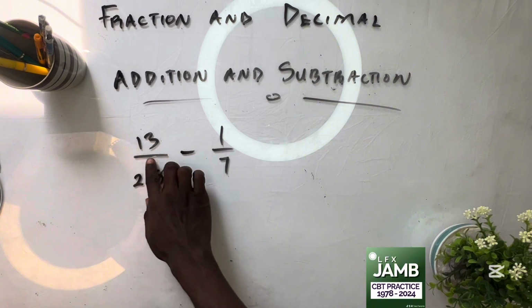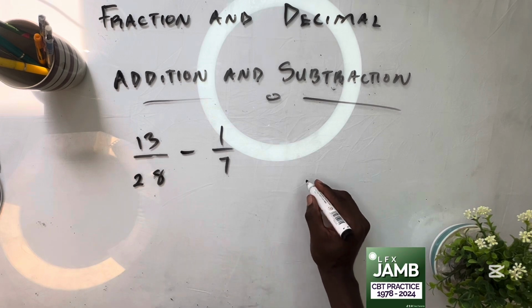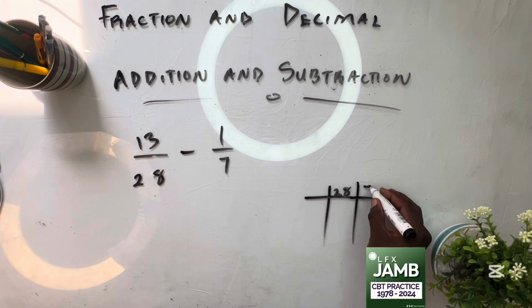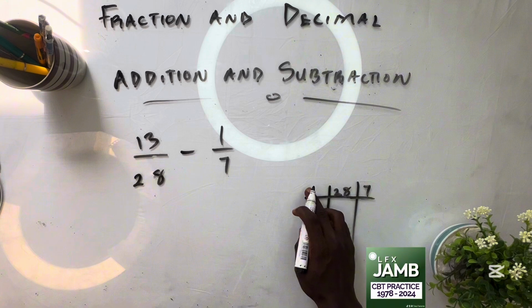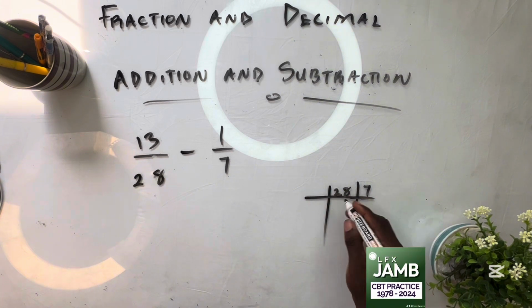So why I'm writing out this operation is so that those who can operate LCM, you need to know how to do that as fast as possible. Now, I'll be taking out that LCM one more time, because subsequent times in questions like this, you'll be needing the knowledge of LCM. So let's say we carry out LCM of 28 and 7. So we look for a common factor that goes in them.